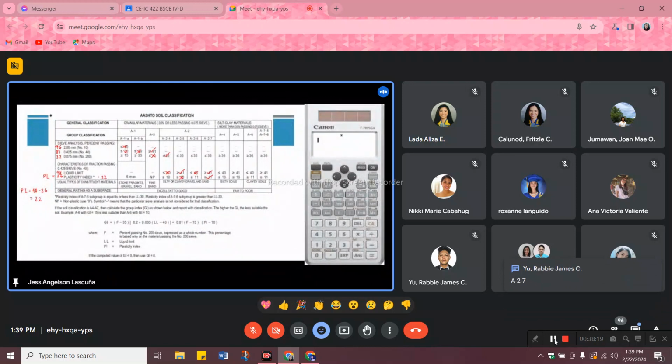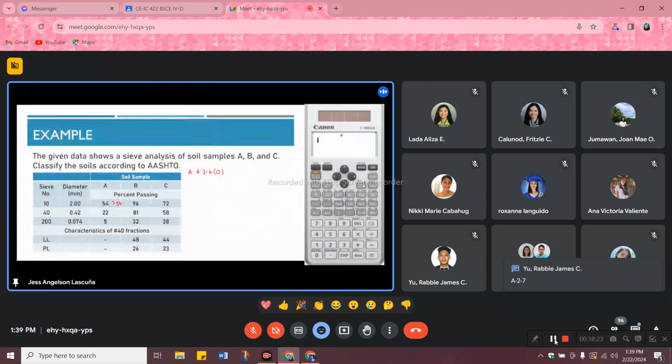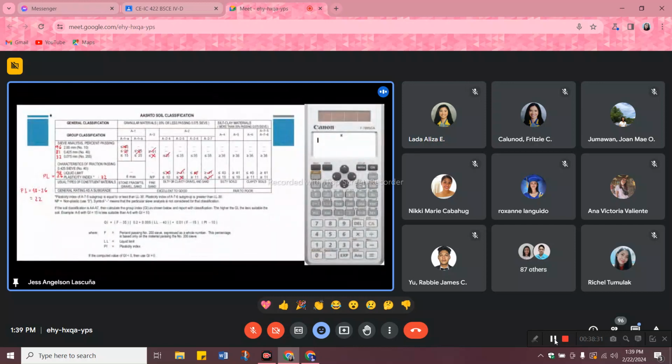We are at A-2-6 and A-2-7, so soil B is A-2-7. How about the group index? Since it is in the A-2-6 and A-2-7 region, our GI is only partial.